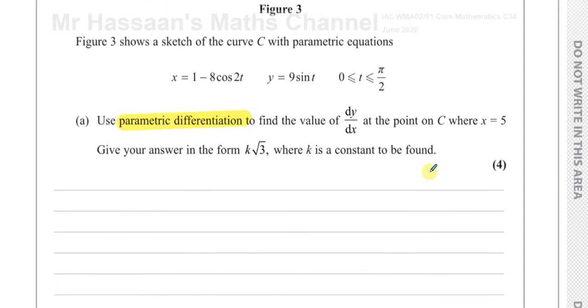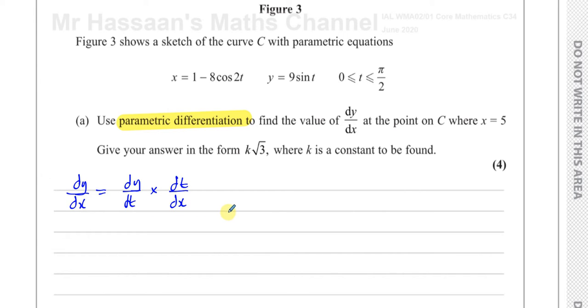So to use parametric differentiation, basically we're going to use what's called the chain rule. We want to find dy dx at the point on C where x equals 5, so we've got to find an expression for dy dx first. Using the chain rule, dy dx is dy dt, because t is the third parameter, multiplied by dt dx.